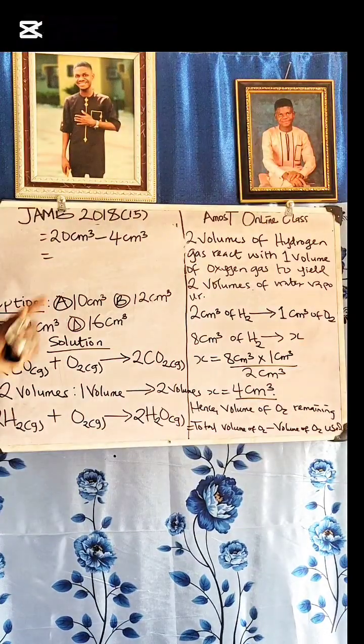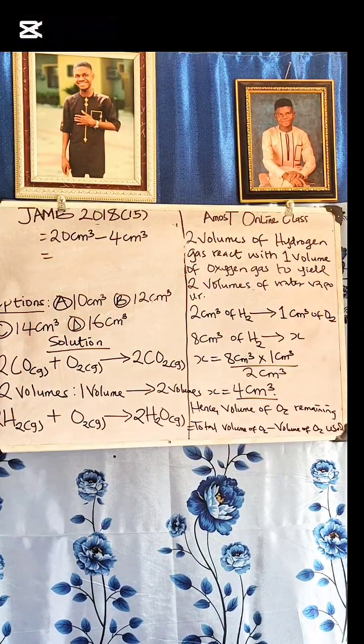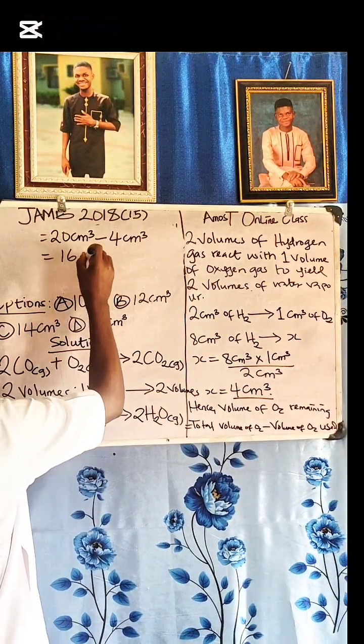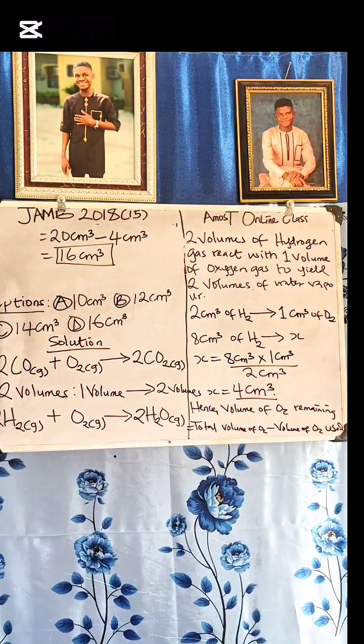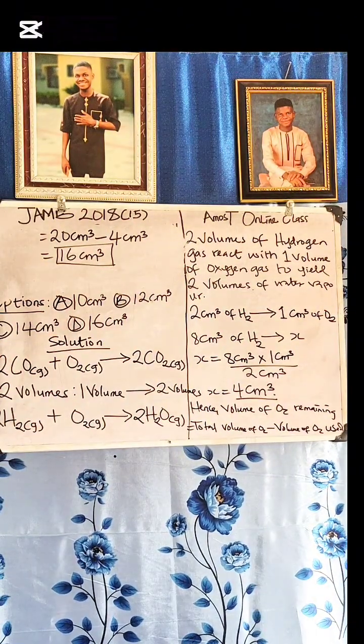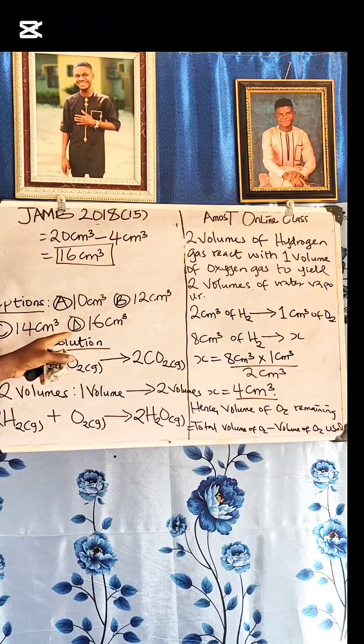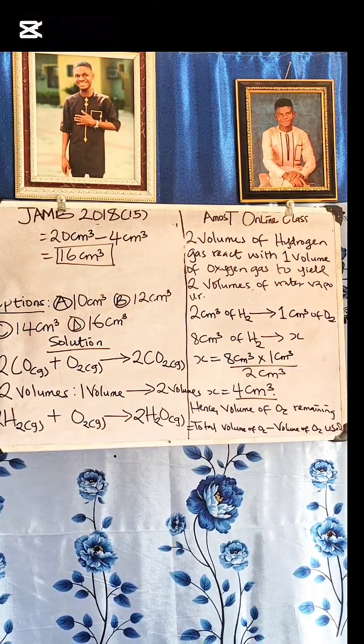So 20 cubic cm minus 4 cubic cm gives 16 cubic cm, and this is our final answer. So the correct option is option D, which says 16 cubic cm.